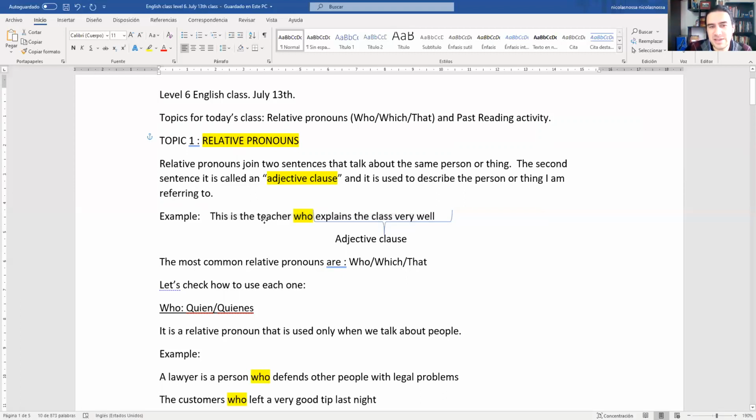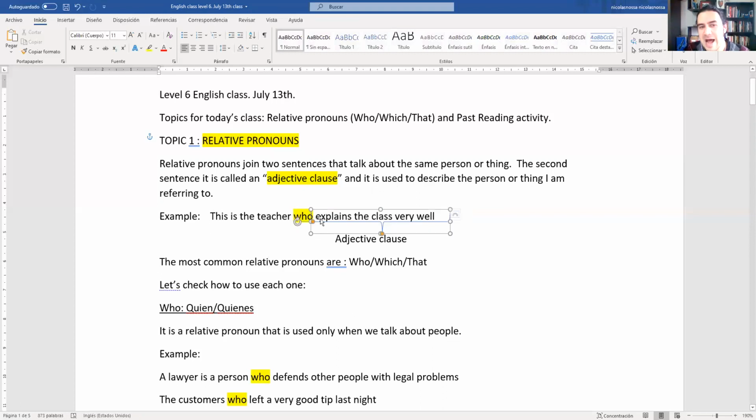Example: this is the teacher. That's my first part of the sentence. This is the teacher who, which is my relative pronoun, explains the class very well. This is my adjective clause, okay? So as you see, I have one sentence here and another sentence here, and I connect the two sentences with the relative pronoun who.